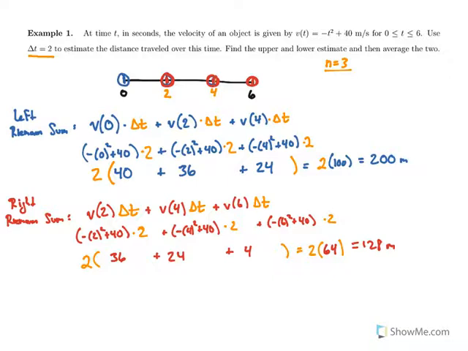So we can say that the distance traveled in either of these, all right, this is about distance traveled. What we could do is look at the average of those.